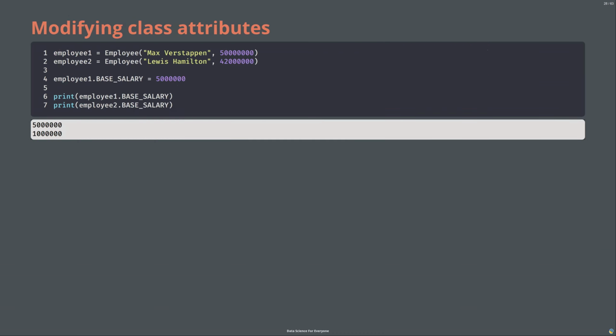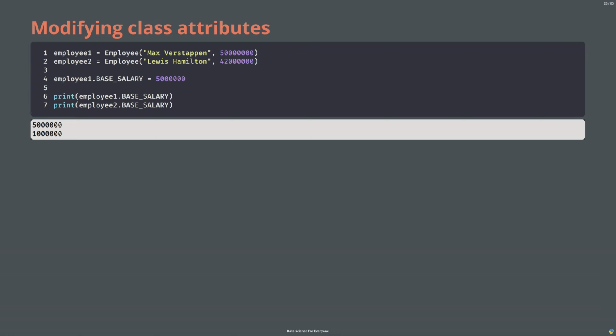Keep in mind, base salary is defined at the class level. So what happens if we change its value for just one object? Let's say we have two employee objects and we set the base salary of the first one to 50 million. When we print the base salary for both employees, we'll notice the change only applies to the first one.